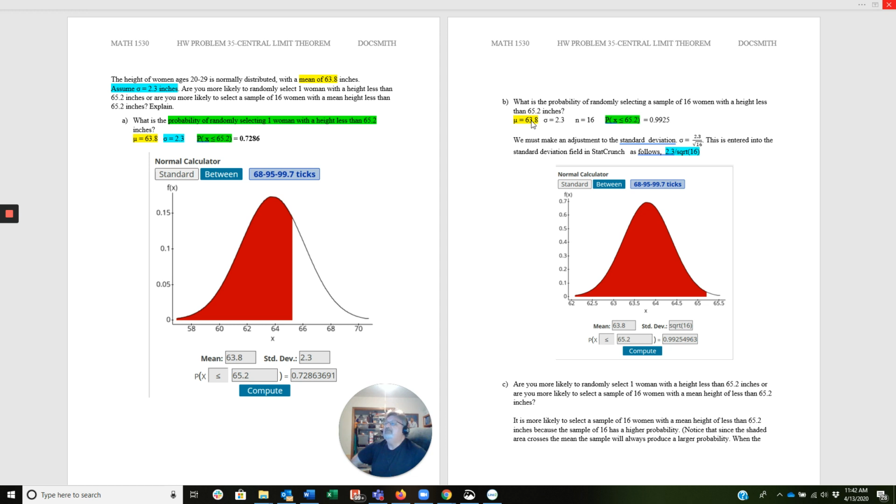That doesn't change. The standard deviation is 2.3, but it's going to have to be adjusted. We're going to talk about that, and that's what makes the difference for a central limit. And we use the sample size of n equals 16 to make that adjustment. And the probability of x less than or equal to 65.2, that is the same. And you're going to see we're going to end up with a 0.9925.